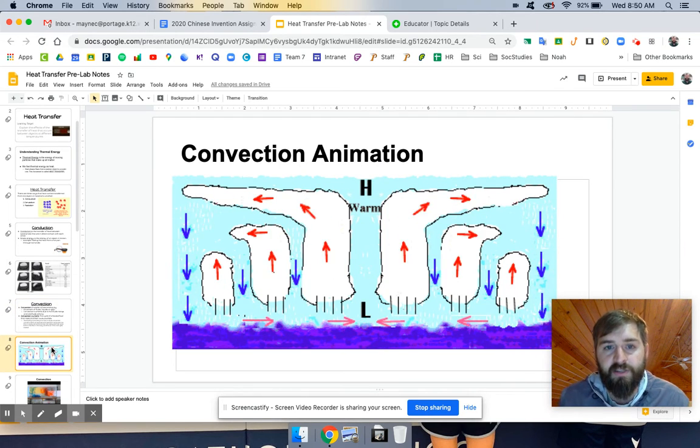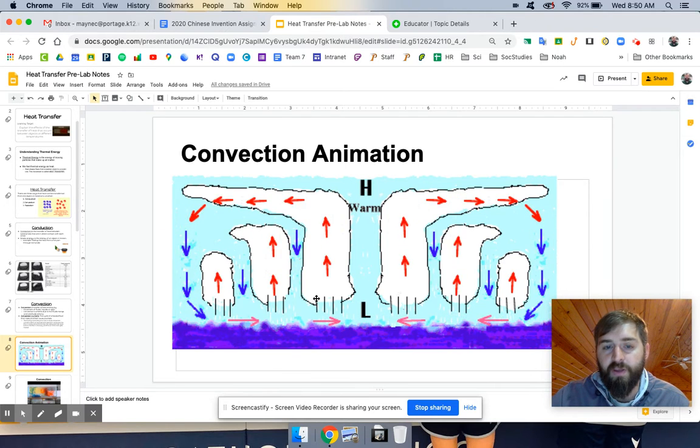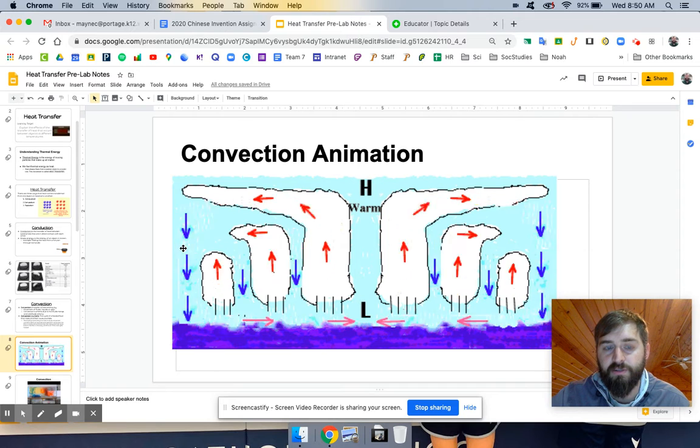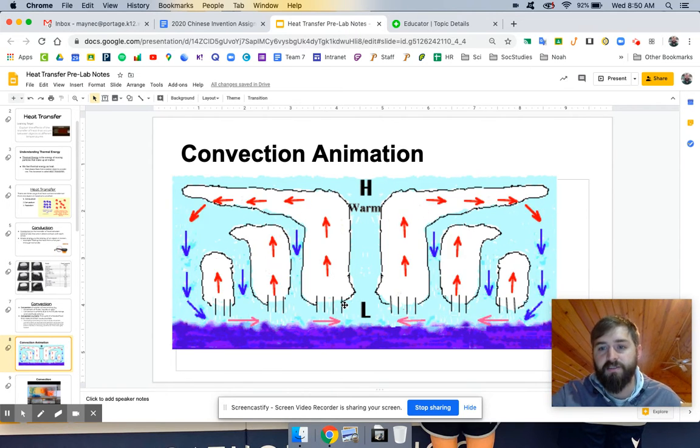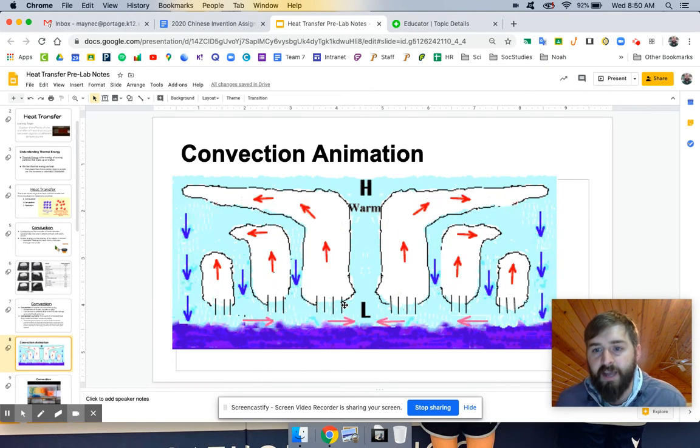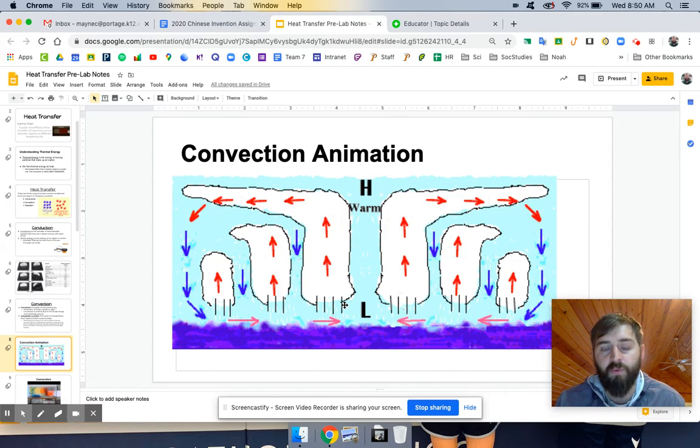You see the red arrow is going up, and then the blue arrow is going down. So heat's going to rise, and then the cool air is going to go down. Okay. This is also one of the things that causes wind or local winds or breezes, because the hot air is going up. That allows the cool air from whatever body of water you're in to come in.